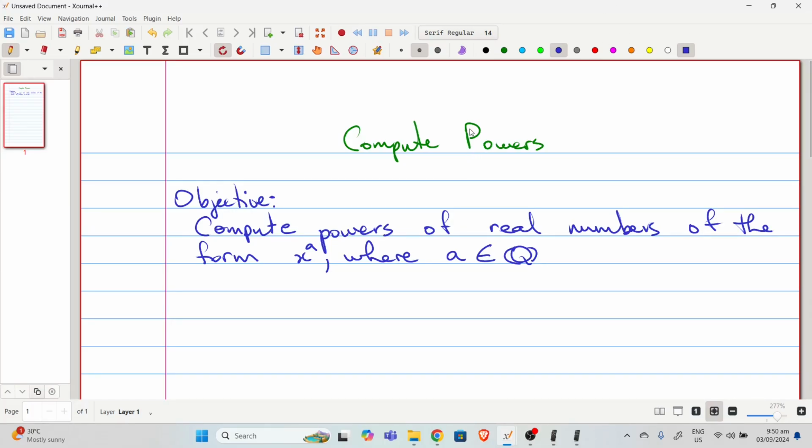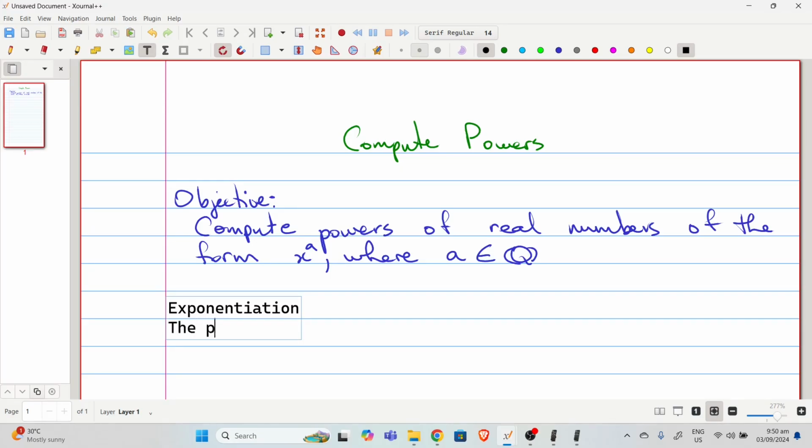Now, before we start anything, the first thing we want to talk about is exponentiation. Exponentiation is simply the process of computing powers of real numbers that are in the form of x to the power of a.